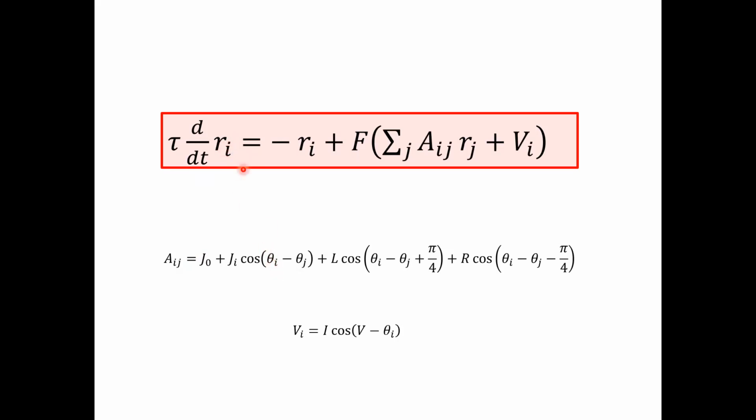For example, you'll have theta 1 equals 0, then theta 2 equals, depending on the size of the network, we will make some tries numerically.